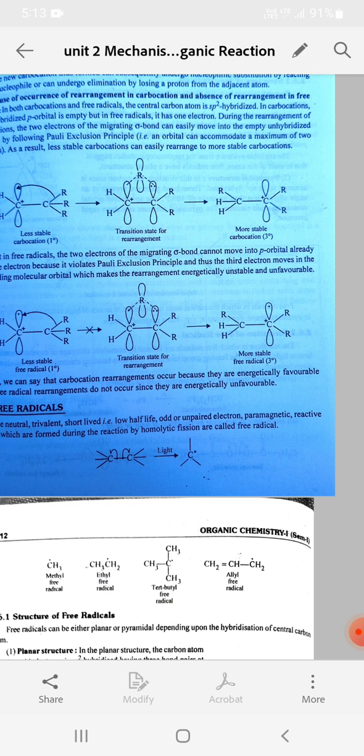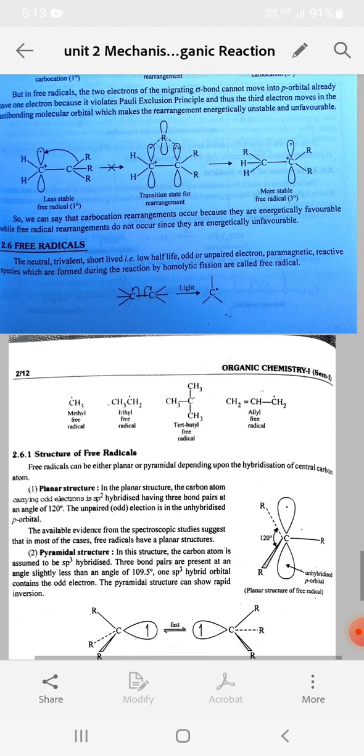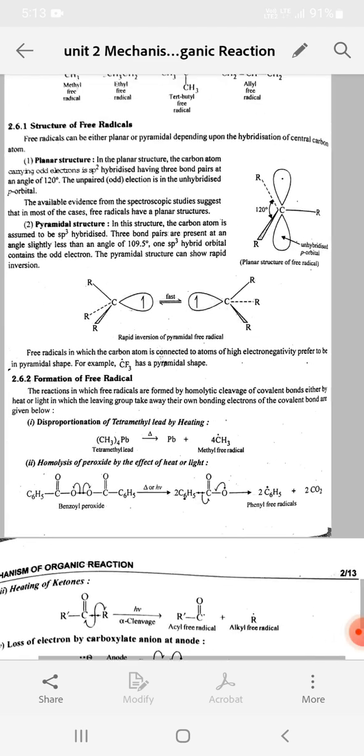So we can say carbocation rearrangements occur because they are energetically favorable, while free radical rearrangements do not occur since they are energetically unfavorable.